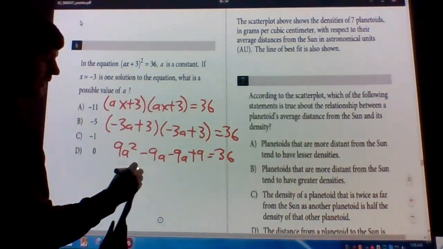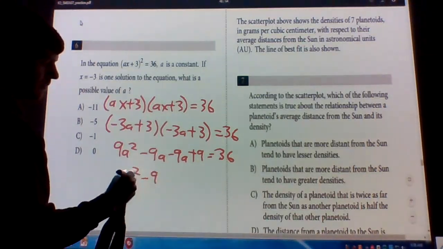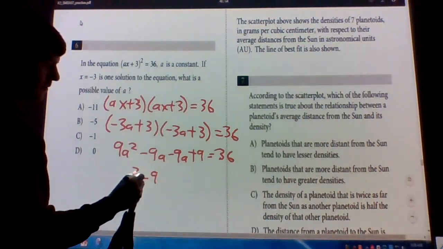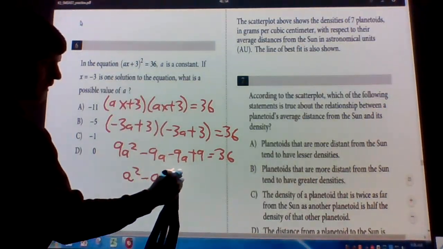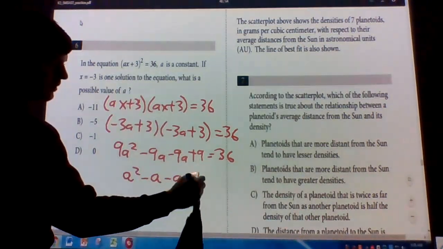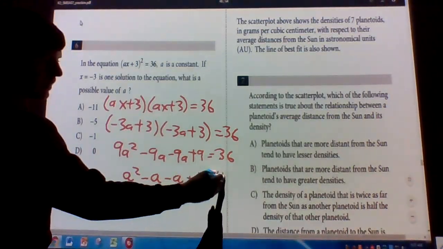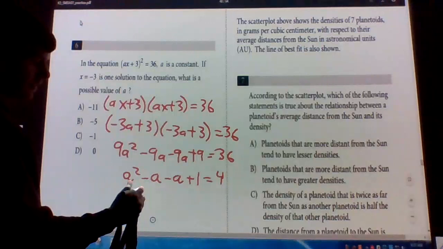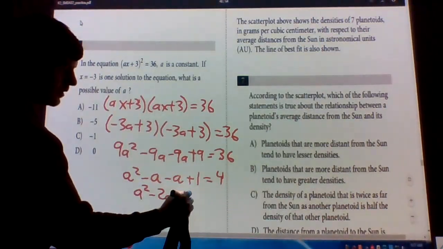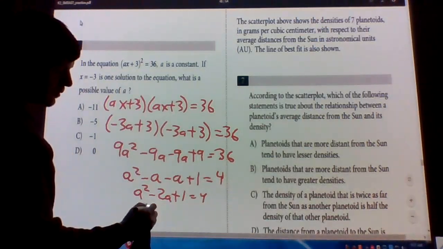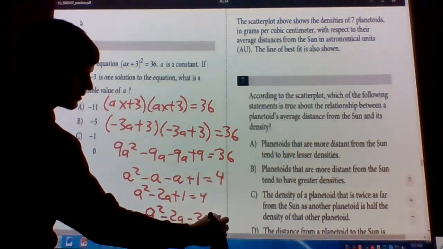I'm going to divide by 9, so you get a squared minus a plus 1 equals 4. Right, divide everything by 9. Combine like terms, you got a squared minus 2a plus 1 equals 4. Subtract 4 from both sides, you got a squared minus 2a minus 3 equals 0.